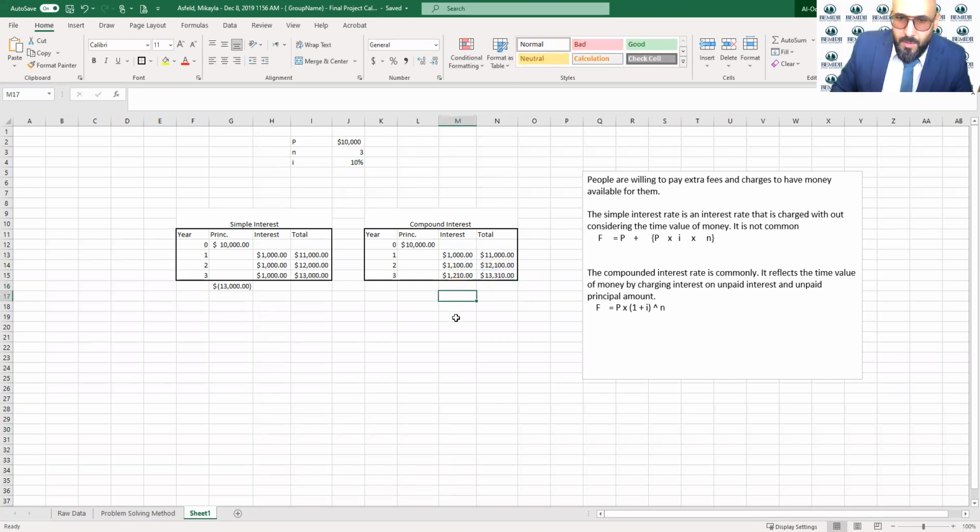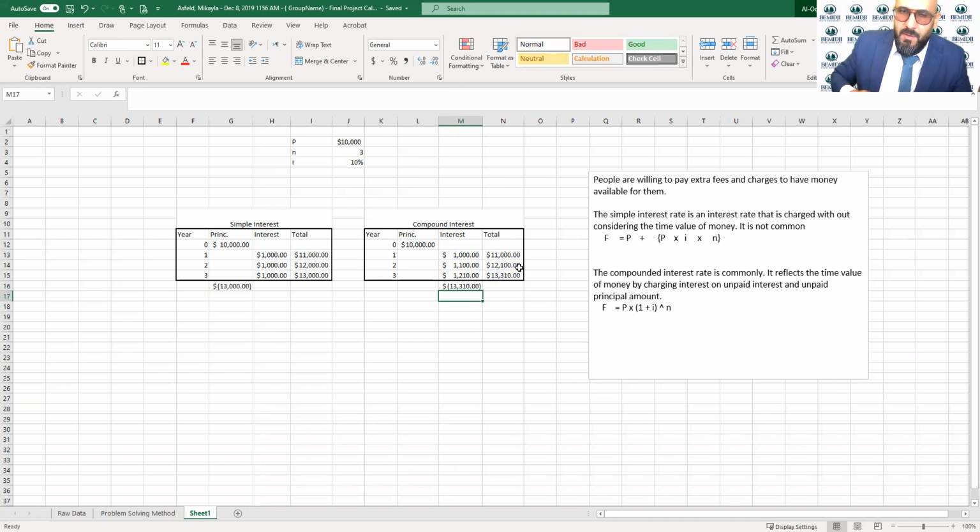And that will give you the total amount by the end of year 3 with a compound interest rate of 10%, equal to 13,310, and therefore we have to pay negative 13,310 to the bank, given we're paying it, it's a negative cash flow. You will see the difference between the simple interest rate and the compound interest rate: there's about $310 difference between both.